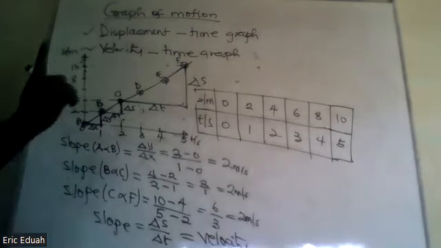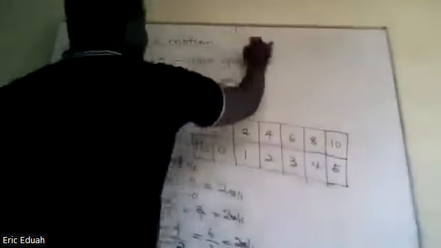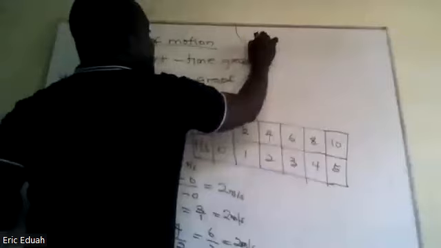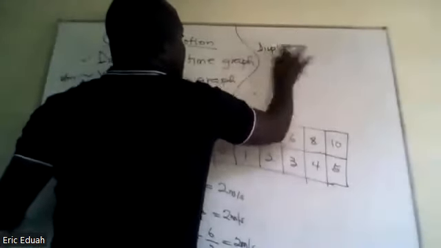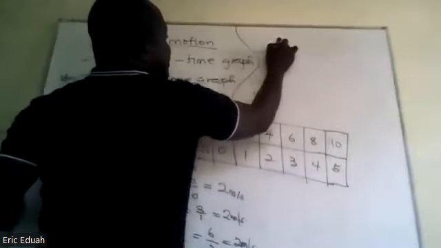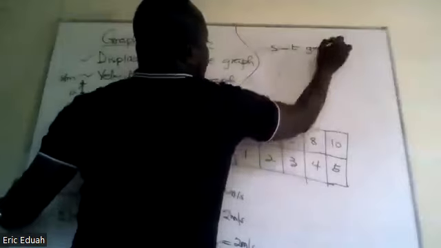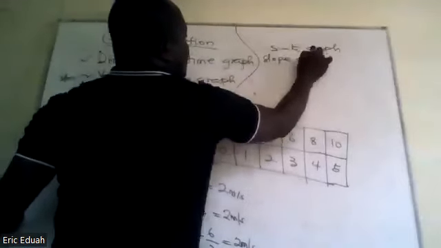So what have we learned? What we are learning from this is that whenever you have a displacement time graph, displacement or distance, let me say S-T graph, the slope is equal to velocity.